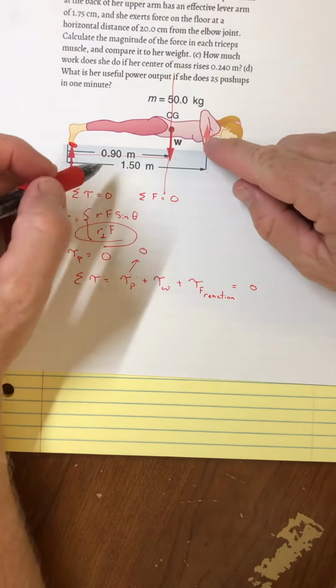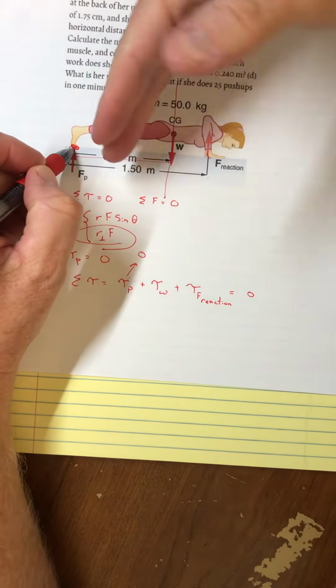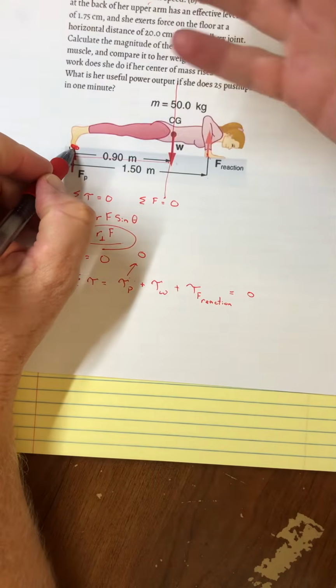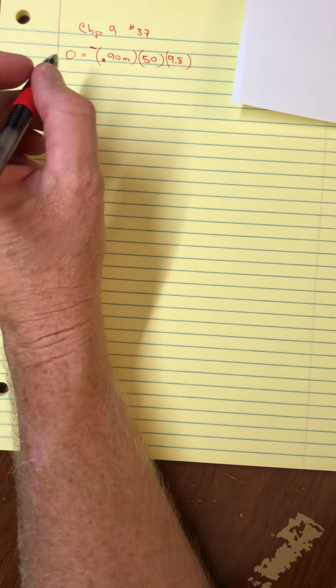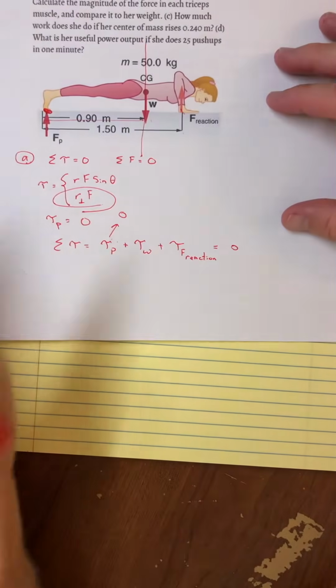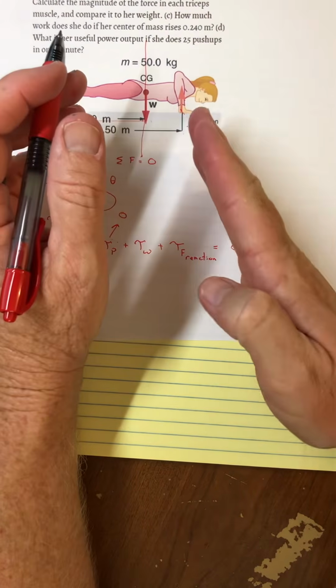I'll explain that conceptually. Here's her pivot. Gravity would tend to make her go down, which is a rotation in a clockwise direction. Traditionally, we call clockwise negative, so I'll stick to that tradition, and this is a negative torque. So that's force and distance and a negative. Now, I'll put a plus because the force that the ground is putting on the woman is up.